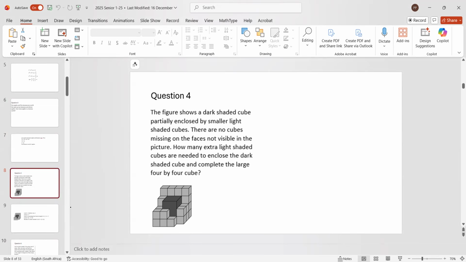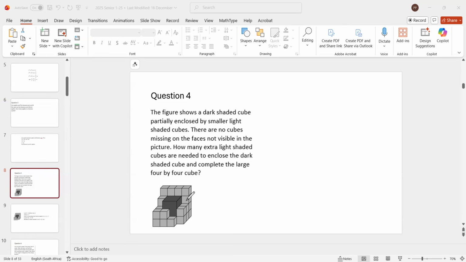Question 4 says, you've got a figure here. It shows a dark shaded cube partially enclosed by a smaller light shaded cube. So there's a cube sitting inside here. It's a cube.